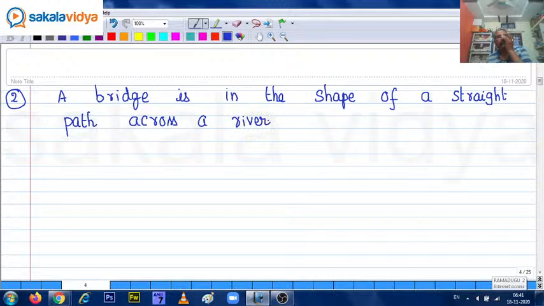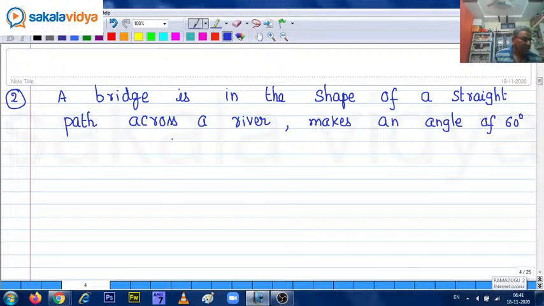So across a river, a bridge was constructed that is in the shape of a straight path itself only. The straight path makes an angle of 60 degrees with the width of the river.